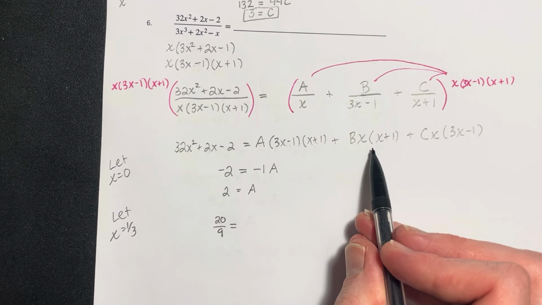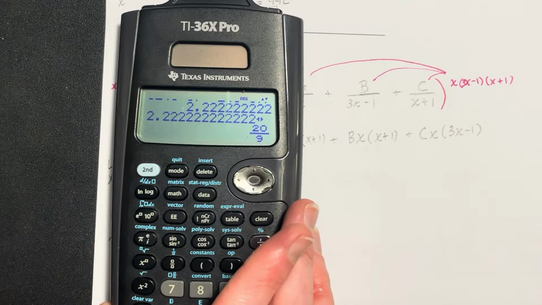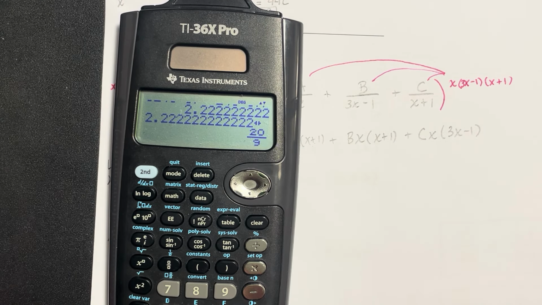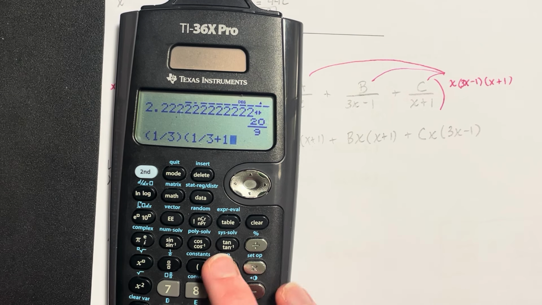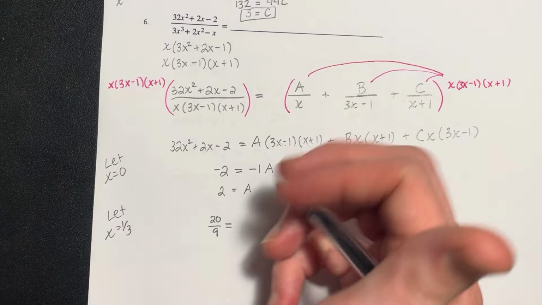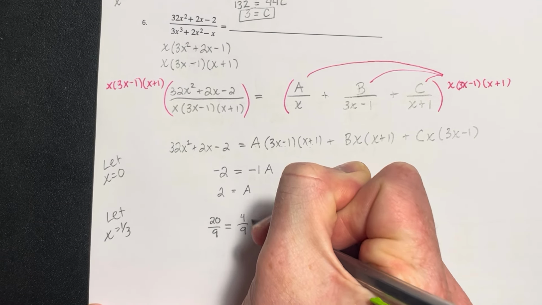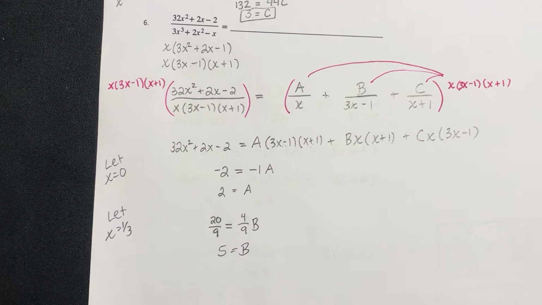But we have here in the middle, b times 1/3 times 1/3 plus 1. So if you need to do that in your calculator, you can. But we get 4/9. So that would say 4/9 b. When you divide by 4/9, you should get 5.